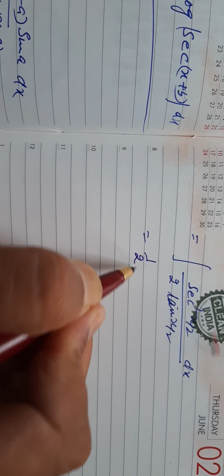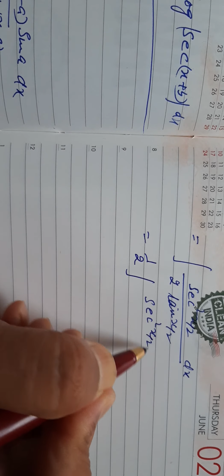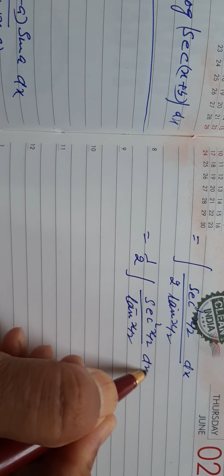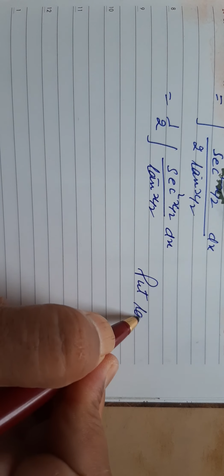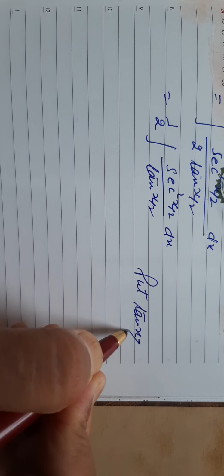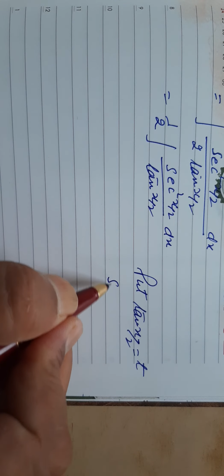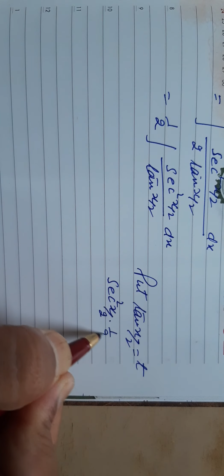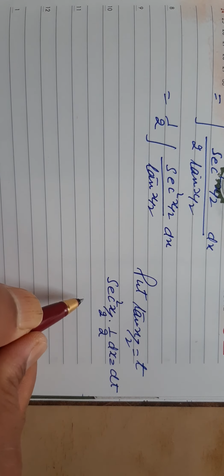1 by 2 take outside, and here we are left with secant square x by 2 divided by tan x by 2 dx, and put tangent x by 2 equal to t, because the derivative of tan x is secant square. Secant square x by 2 into 1 by 2 dx is equal to dt.